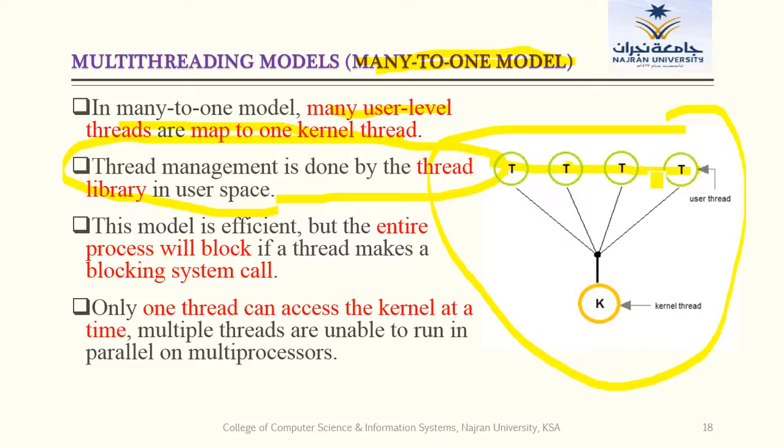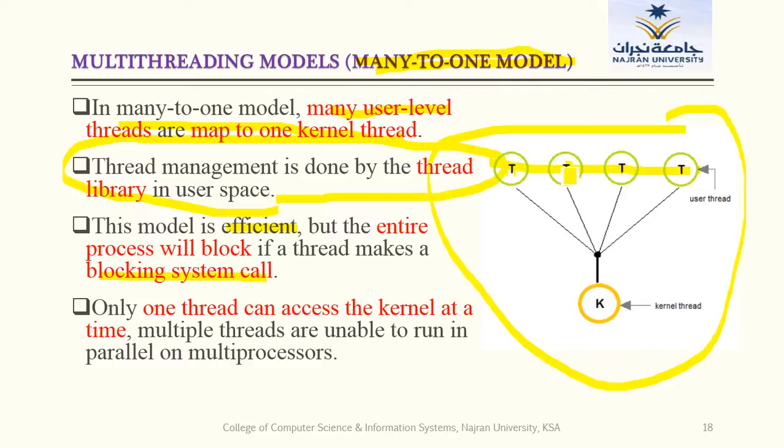This model is efficient, but we have one problem. In this model, the entire process will block if a thread makes a blocking system call. Here, currently we have 4 threads. Let's suppose these are T1, T2, T3, T4.